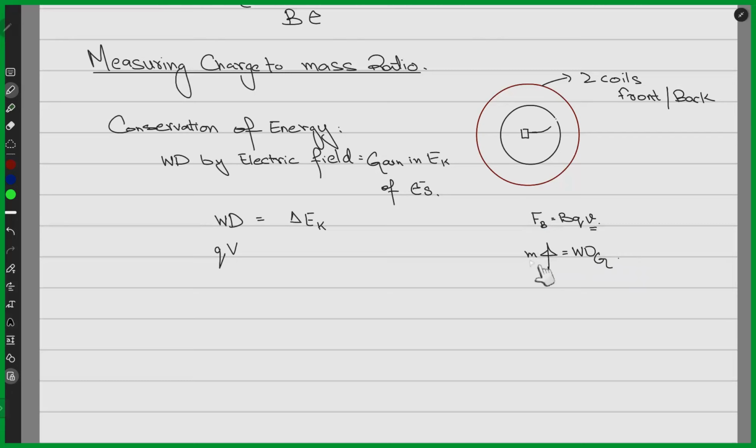In electricity, the source of the electric field or electric force is a charge, and charge times electric potential gives you the work done by the electric field. So the work done is simply Q times capital V.